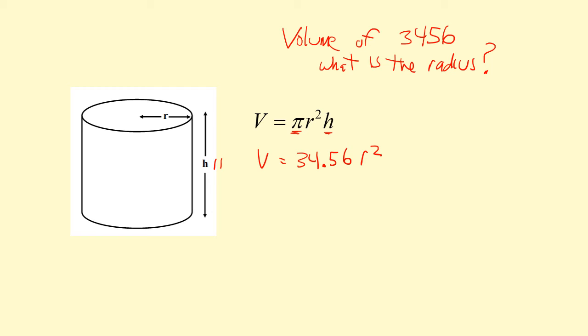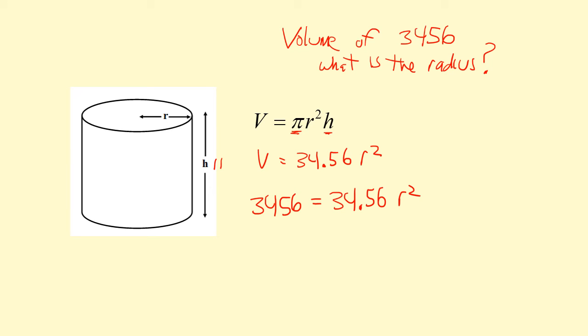So what we have here is we're given the answer, sort of. We're given that the volume is 3,456, and we have to determine what the radius is that would have produced that volume. So let's plug in what we know into the formula here. We're going to plug in this volume of 3,456 and see what we can do with it.